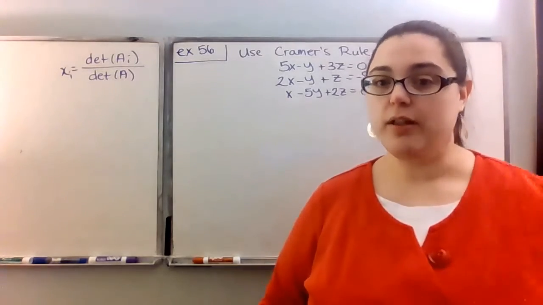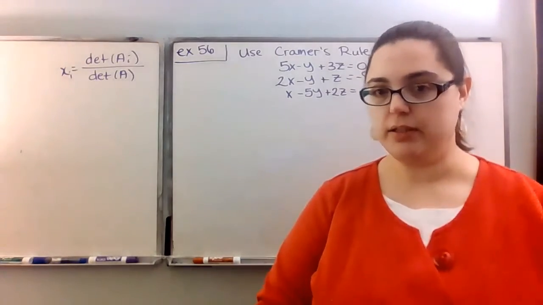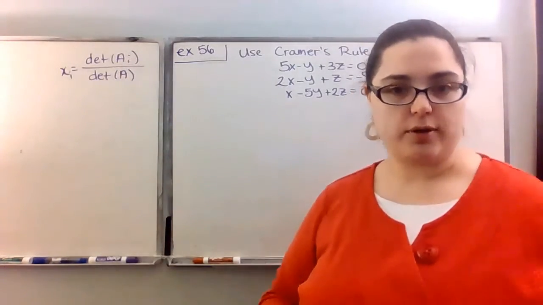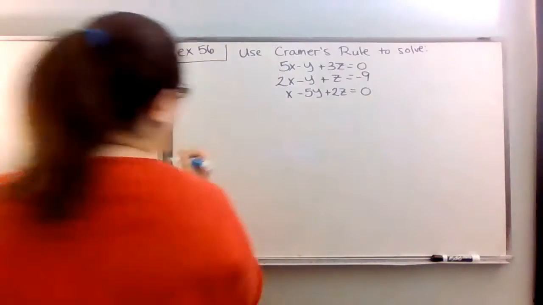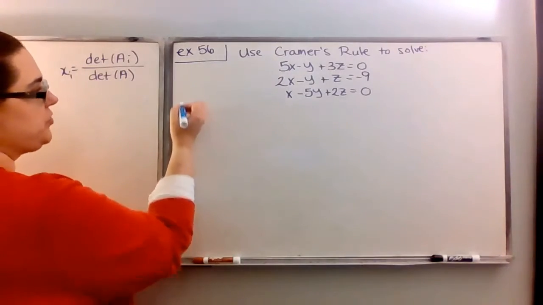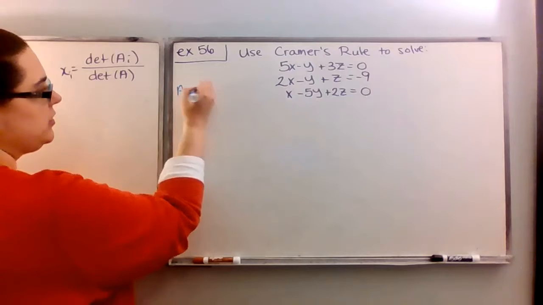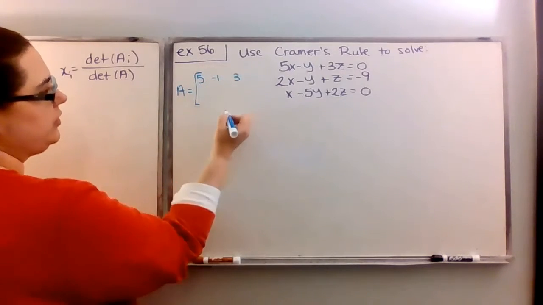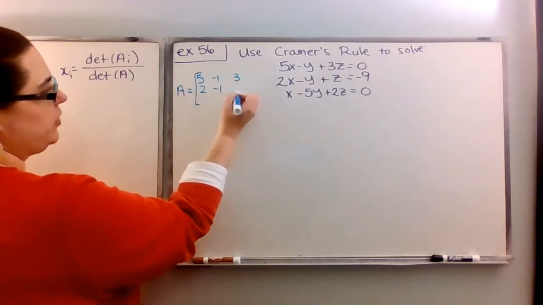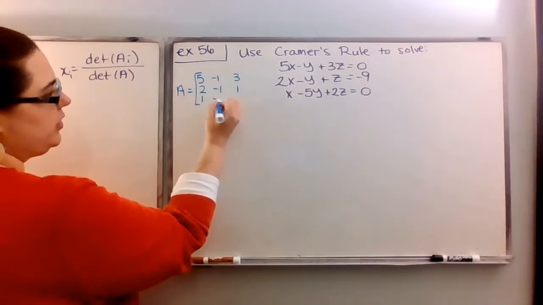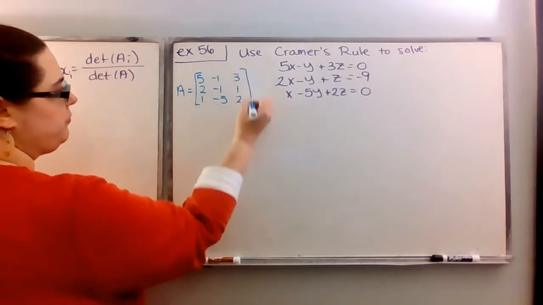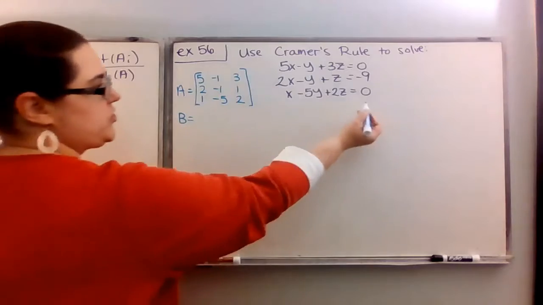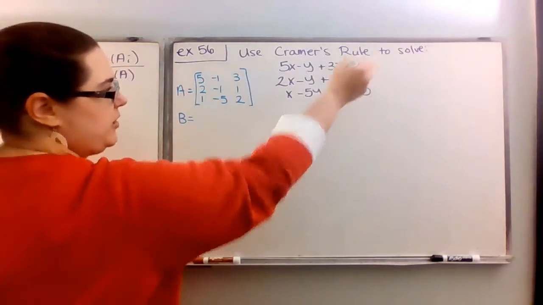So to begin with, we need to state A and B, and we're going to need the determinant of A. So that's where I like to start with Cramer's rule. A is our coefficient matrix. So A is 5, -1, 3, 2, -1, 1, 1, -5, and 2. And B is just this column vector here.